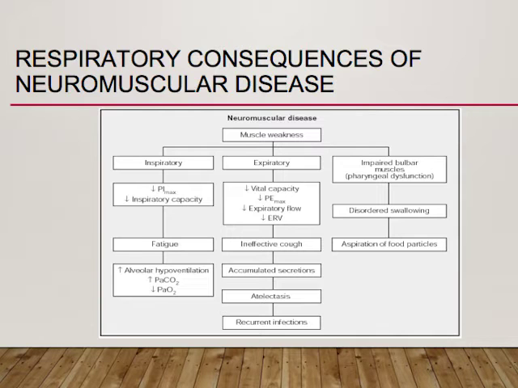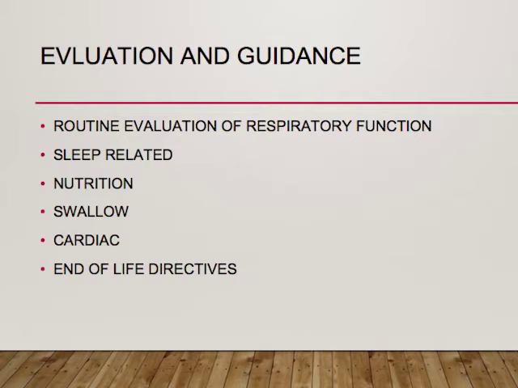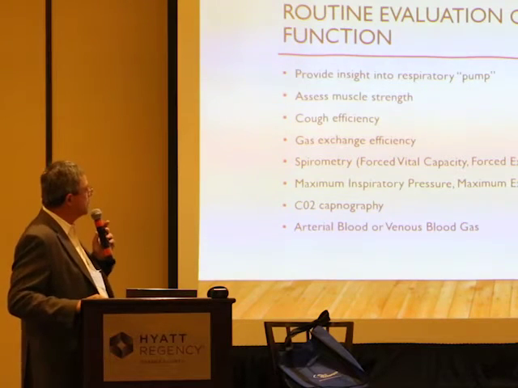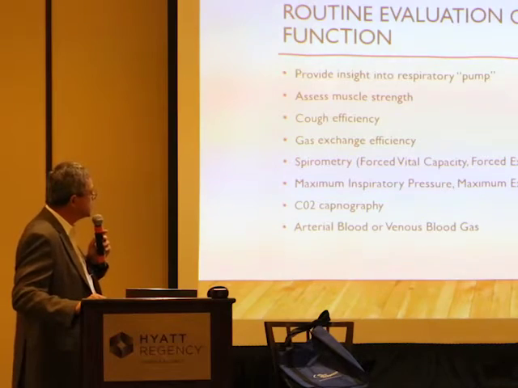So basically, when patients come in, we should be thinking about several things: the routine evaluation of the respiratory function, sleep-related issues, nutrition, swallow, cardiac function, et cetera. During a routine evaluation, we try to get an assessment of how the respiratory pump is functioning. We assess muscle strength, cough efficiency, and gas exchange.